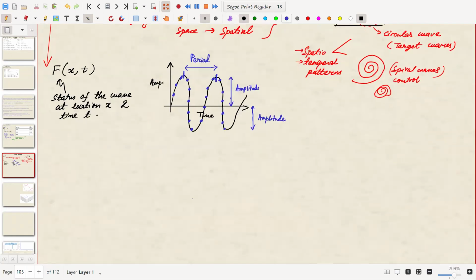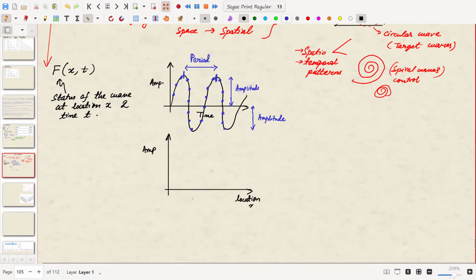We can have a similar plot also. We can have a plot of amplitude versus location. What do you think? Can we have? How? Yes, you just take amplitude and this is the location, that is x.